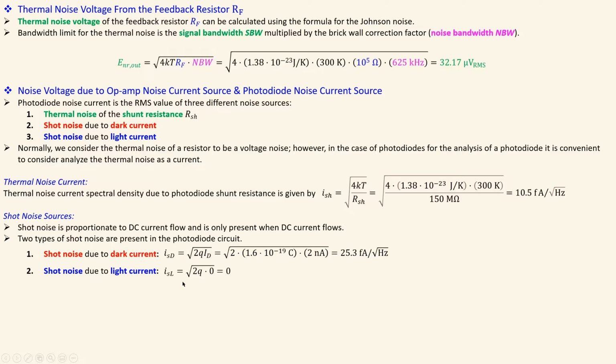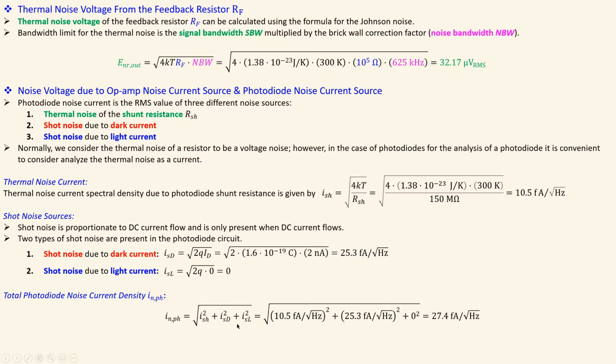If you have light, you will of course also have the incident current here, IL. Okay, now the total photodiode noise current density is given by this, and of course I have only the shunt and the dark current noise current sources, and this is then the result, 27.4 femtoamps per root hertz.